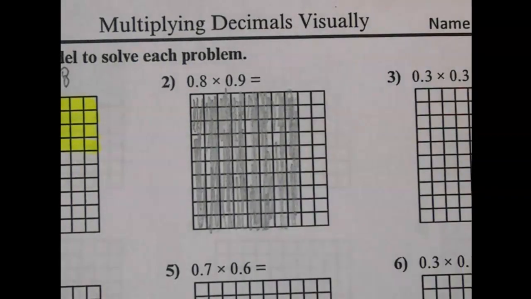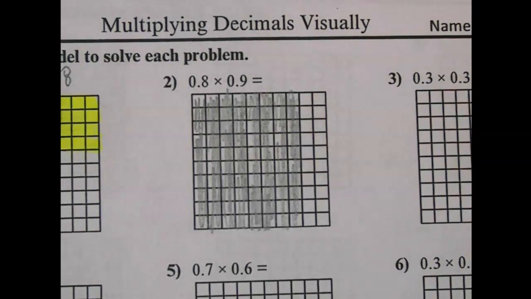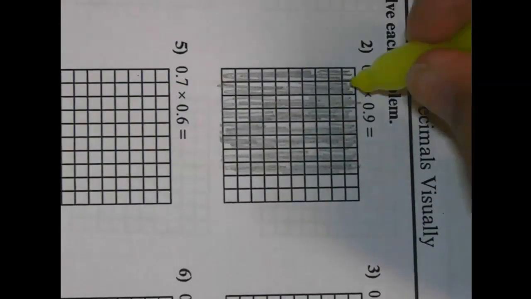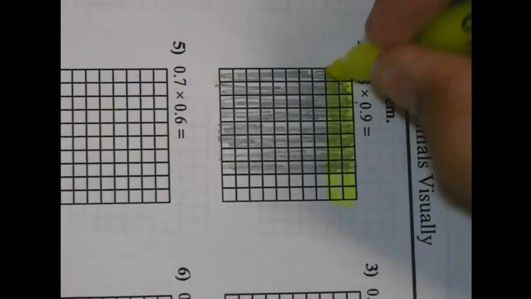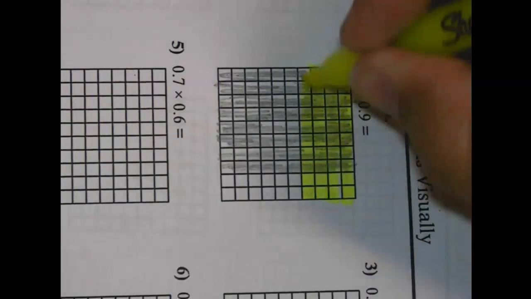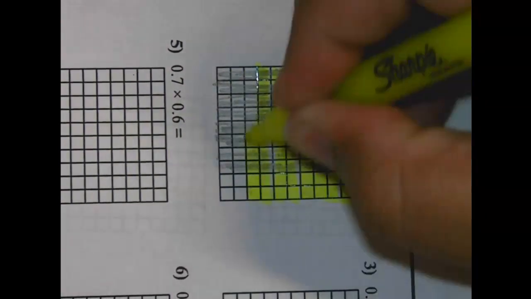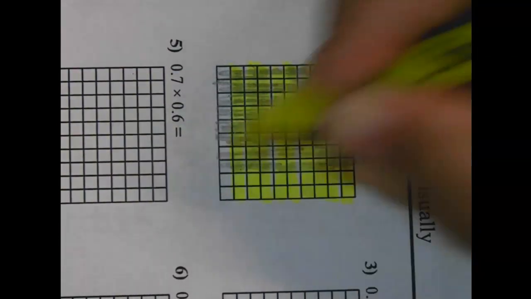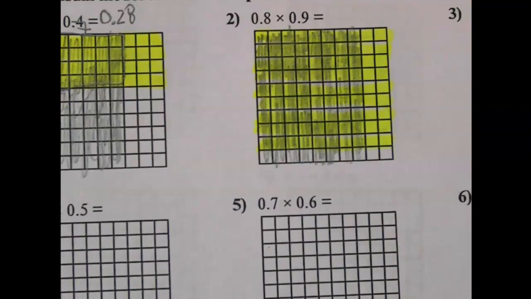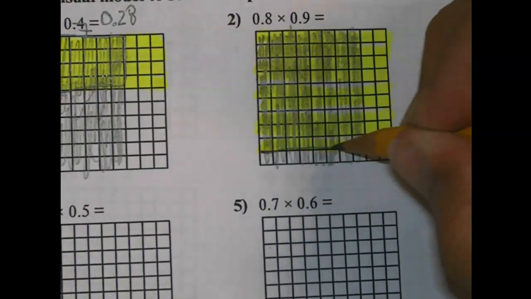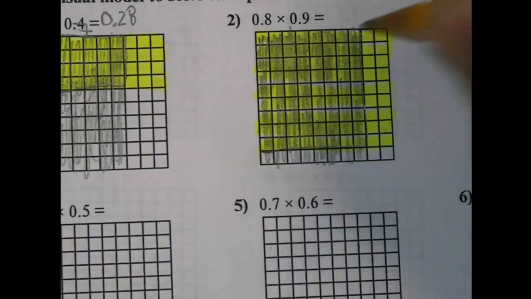So I have my 8/10 shaded. We'll rotate my paper, shade 9/10. And then now, my overlapping area is going to be my product.